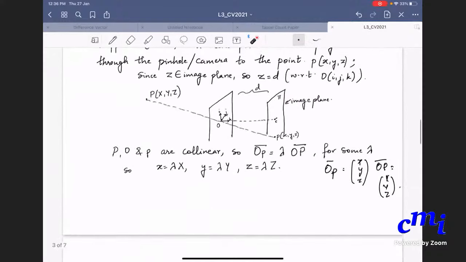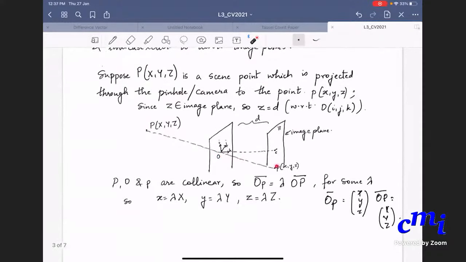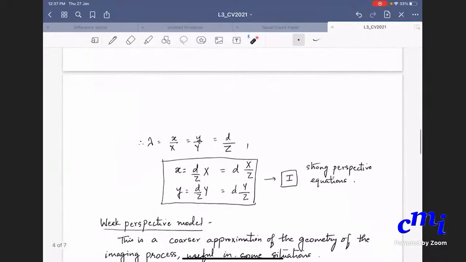Very straightforward, right? This just follows from the collinearity. The only thing you have to keep in mind is that this is going on with respect to this coordinate system, and then you can keep track of things. Okay, everything clear up to here? Are there any questions?